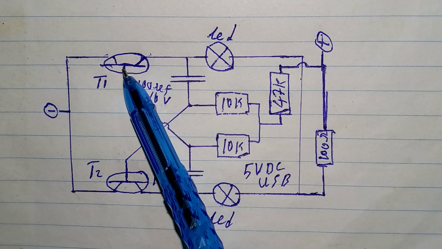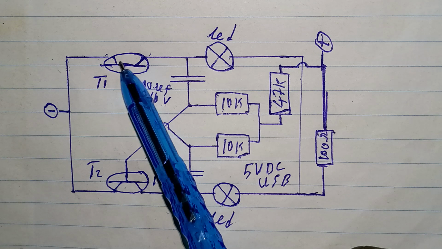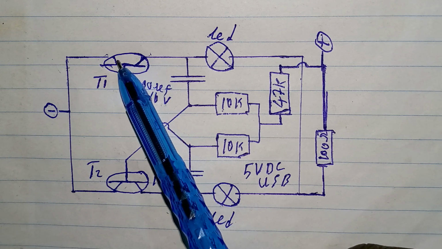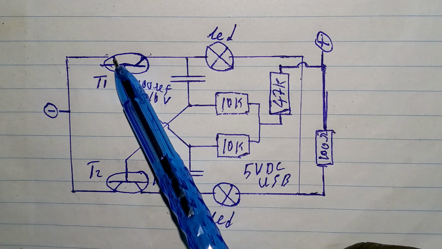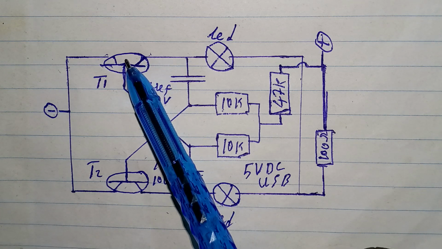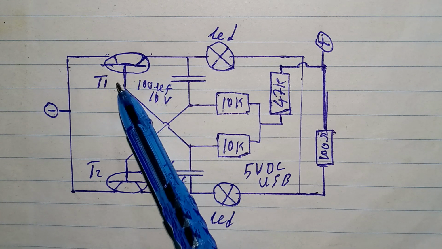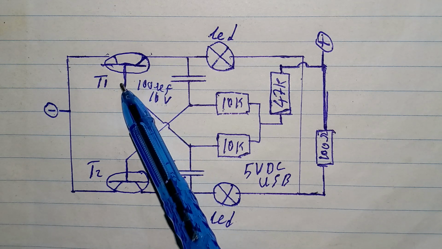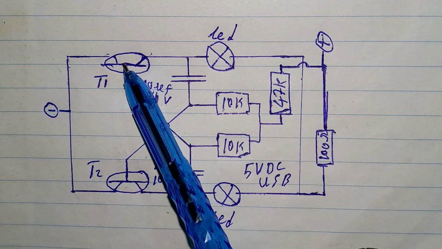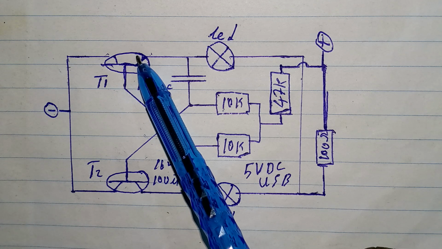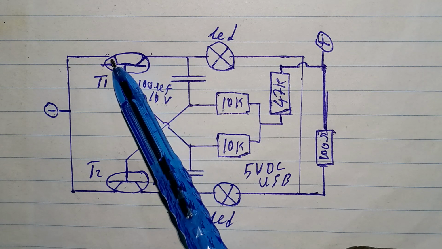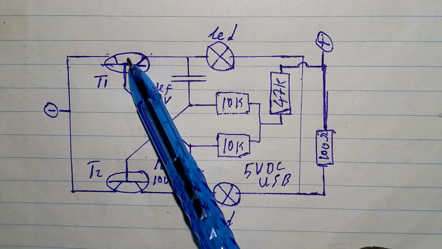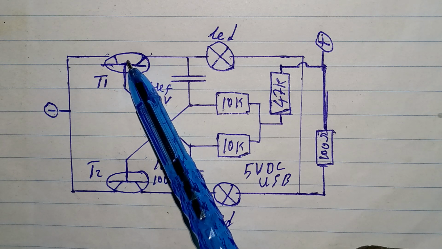You know that the base voltage is inversely proportional to the resistance between the collector and the emitter junction of the transistor. This simply means as the base voltage increases, the resistance between the collector emitter junction will decrease.